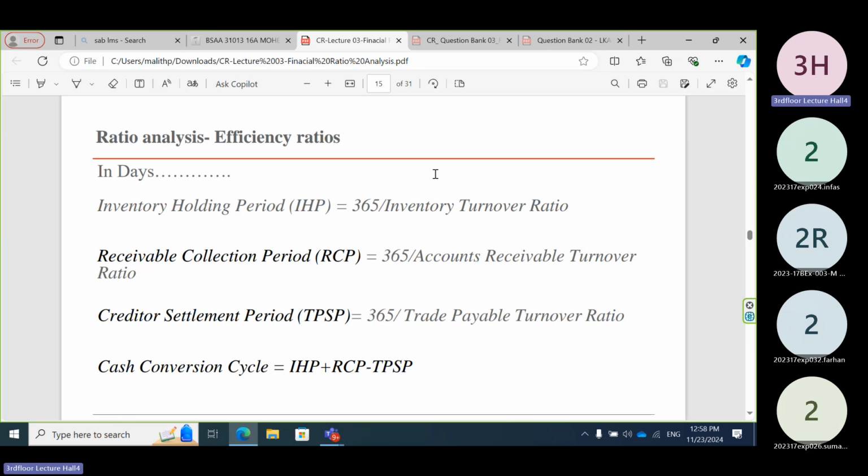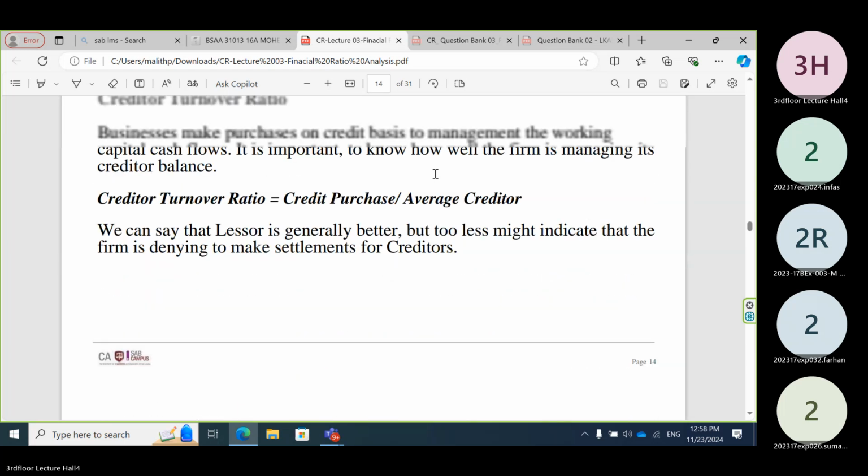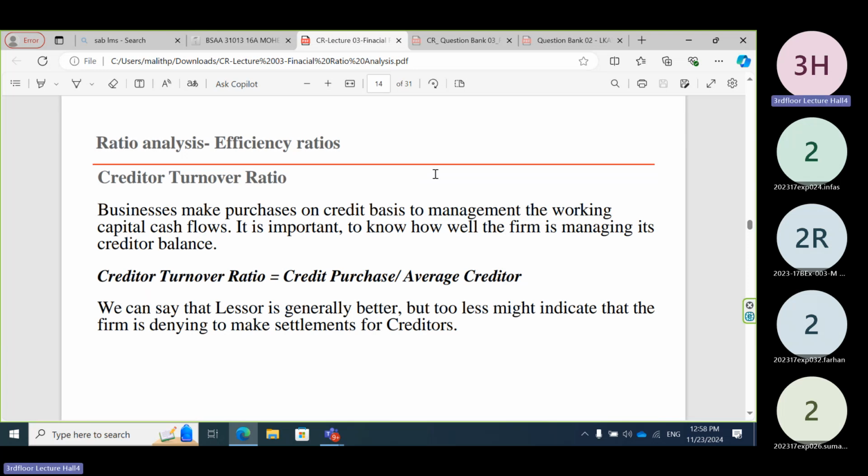Okay, we are moving to creditor turnover ratio. In the same way, creditor turnover ratio is credit purchases divided by average creditor.